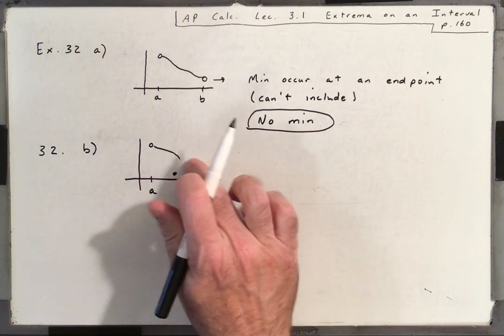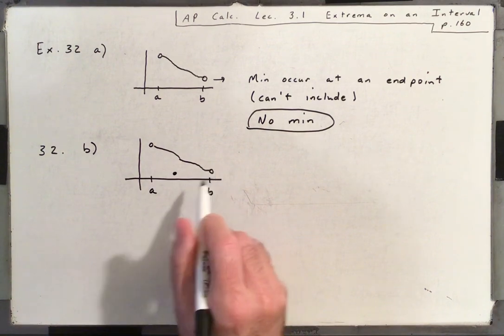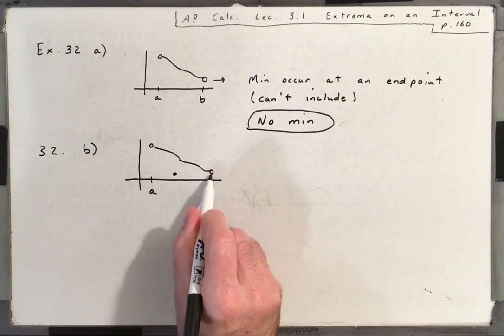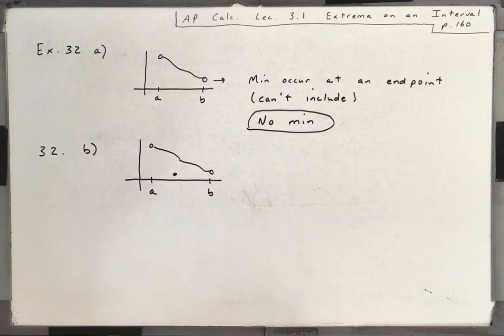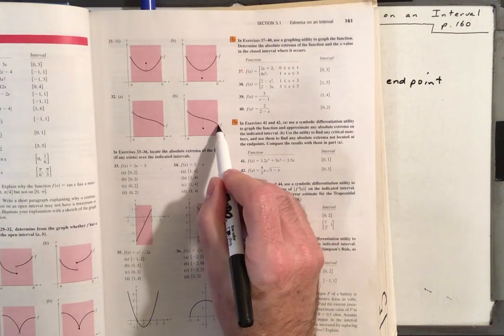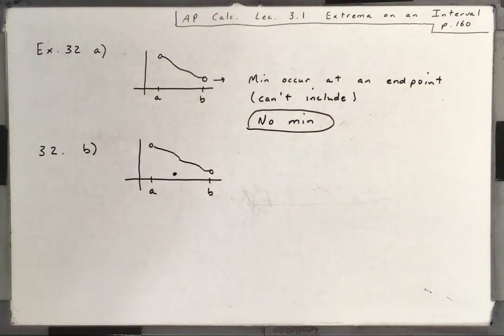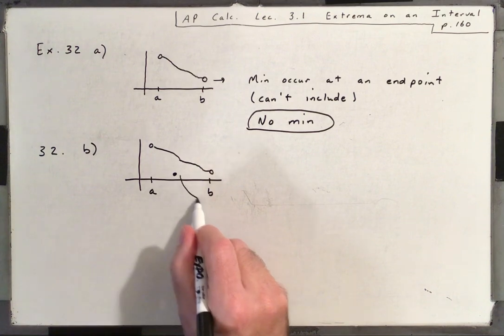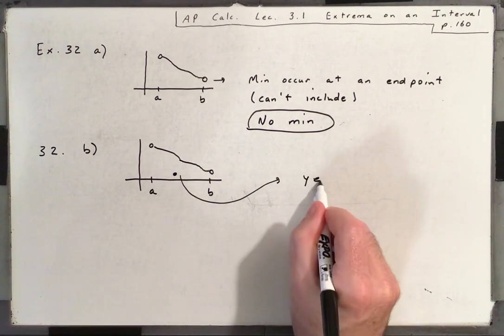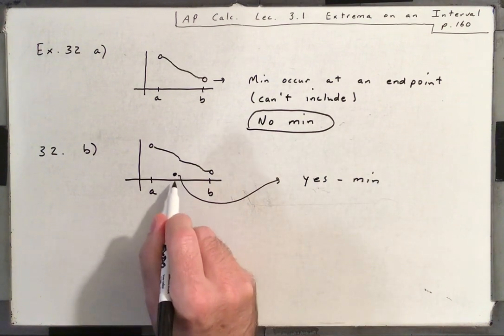Let me draw that a little bit where you can tell. Okay, this point is below that point. Okay, so the book draws it better than I do, right? This point here is below either of the endpoints. So the answer is yes, there is a minimum, and it occurs at this value right here.